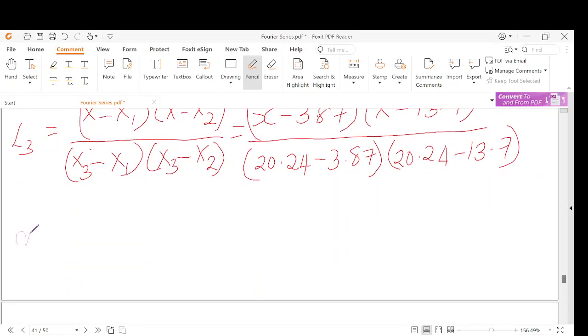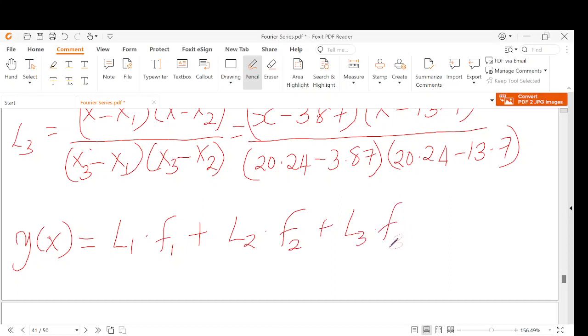And then we can write y of x as L1 times F1 plus L2 times F2 plus L3 times F3.